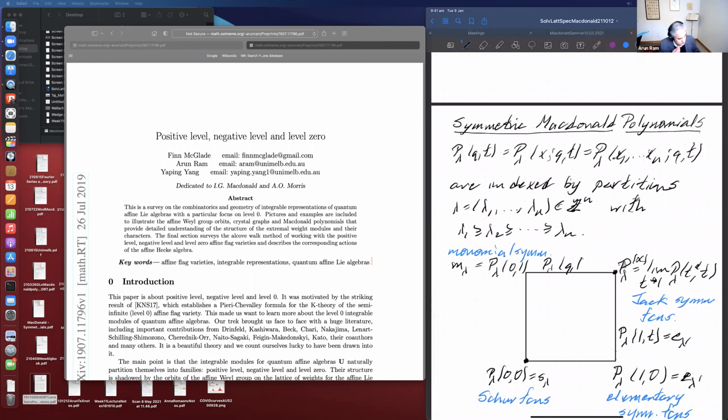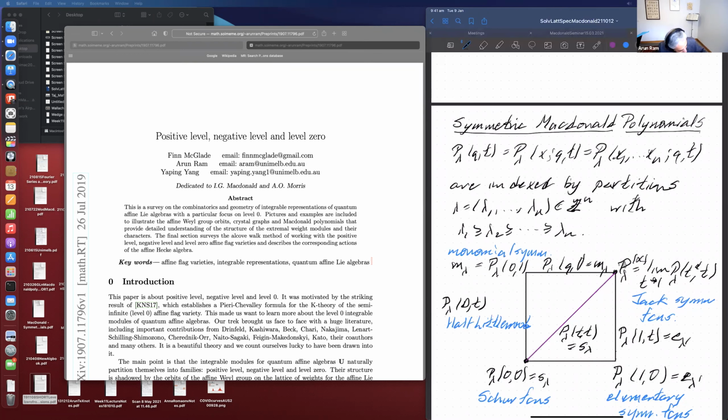Another incredible thing happens, and that is that if I look at this diagonal, when q is equal to t, that's still the Schur functions. Then on the left-hand side here is when q is 0 and t is arbitrary, and these are the Hall-Littlewood symmetric functions.